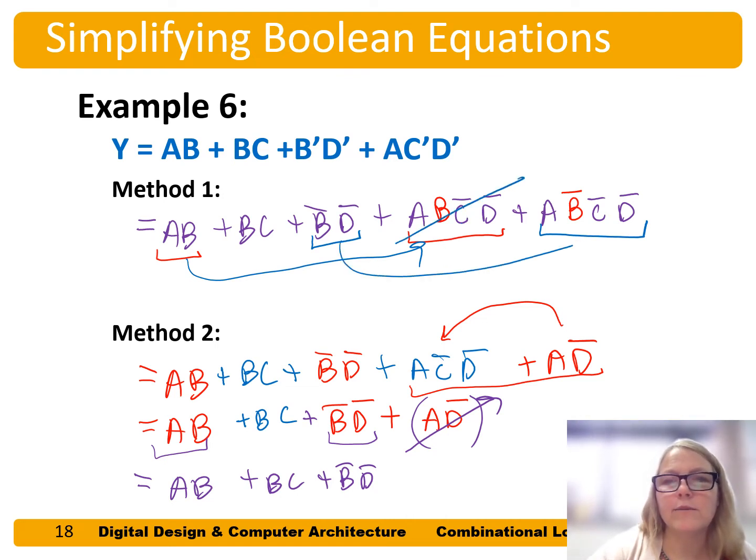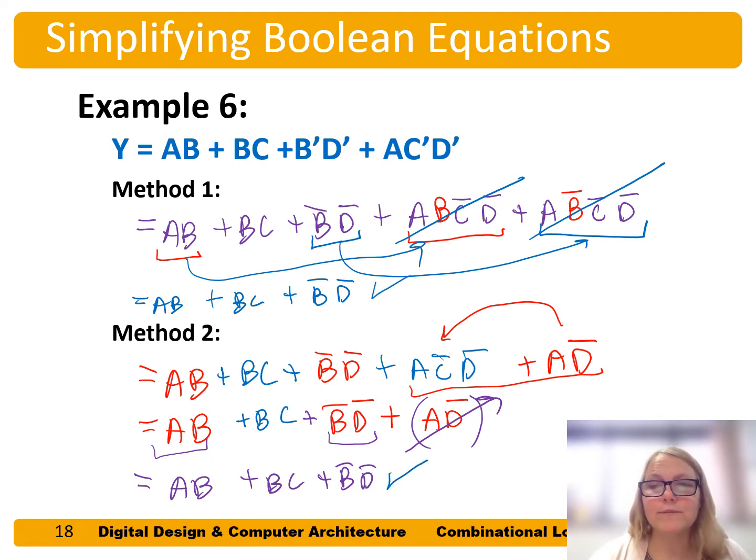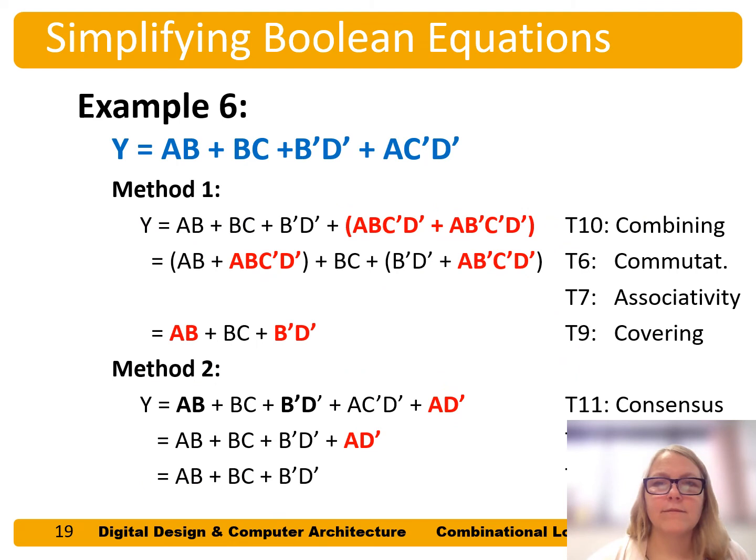B bar D bar covers this term, so this term goes away. And we end up with AB or BC or B bar D bar. Either way, method 1 or method 2, we end up with the same result. And here it is written nicely.